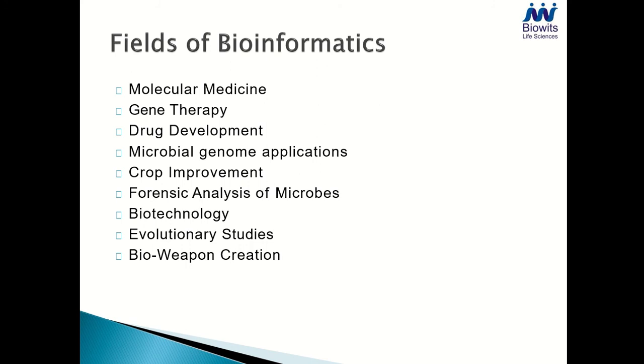Okay, biotechnology, evolutionary studies, and bioweapon creation. Wow, so these are the interesting fields of bioinformatics. So meaning to say, these fields of endeavor will use bioinformatics. Okay, so nothing could be farther from the truth than that a chemist should understand bioinformatics, because it is applicable in all the different fields of endeavor that were mentioned.